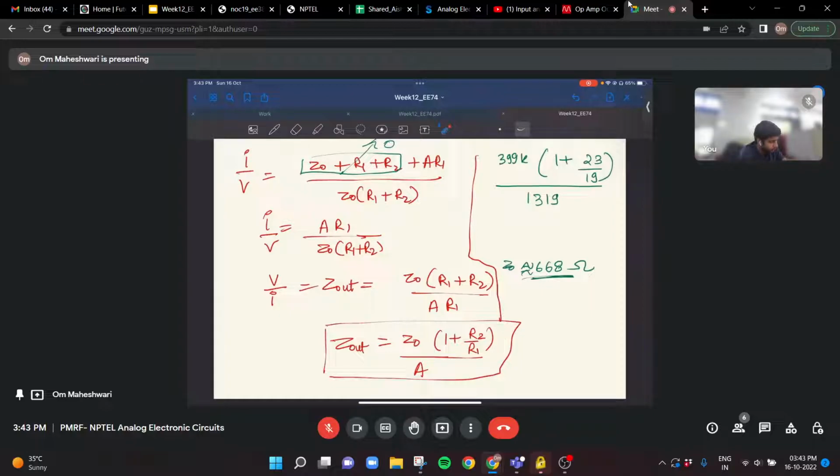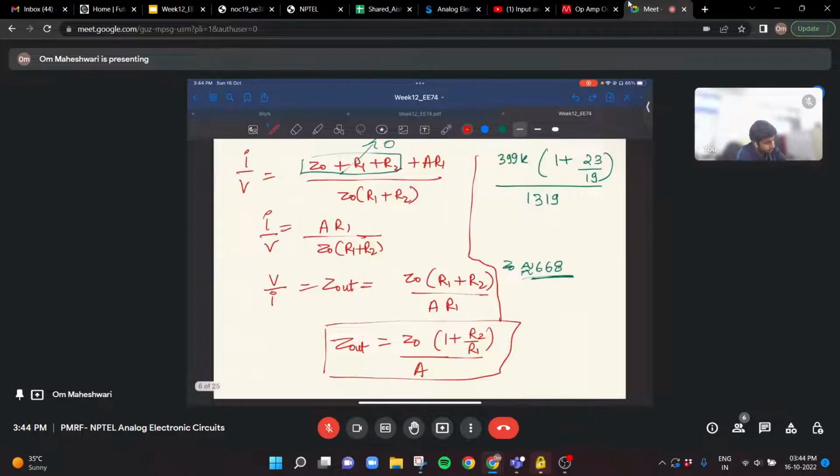Let me write it. If we don't do this approximation here, R1 plus R2, I'm not erasing it, let it be.